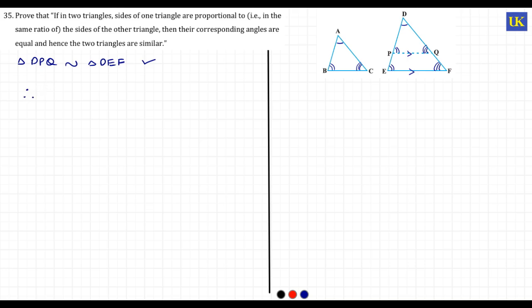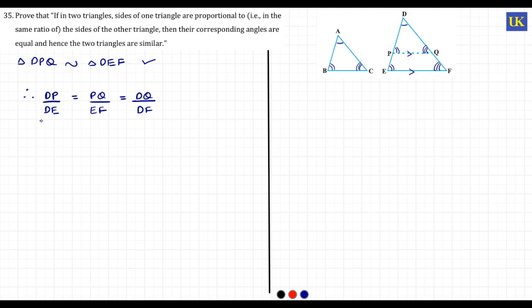We can say that dP upon dE is equal to PQ upon EF is equal to dQ upon dF. So dP upon dE is equal to PQ upon EF, and PQ upon EF is equal to dQ upon dF. So we have written this in similarity form.